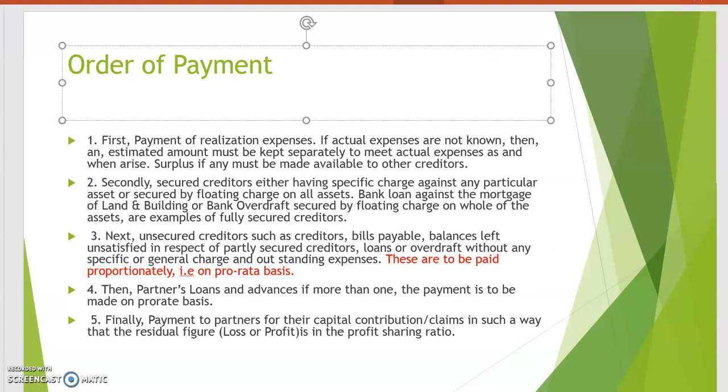So the order is: first realization expenses, then secured creditors, then unsecured creditors, paying all unsecured liabilities proportionately on a pro rata basis. Then the partners' loan accounts, if more than one, are paid on a pro rata basis. And after the payment of partners' loans, or internal liability, payments are made to partners according to their surplus calculation or the profit sharing ratio.